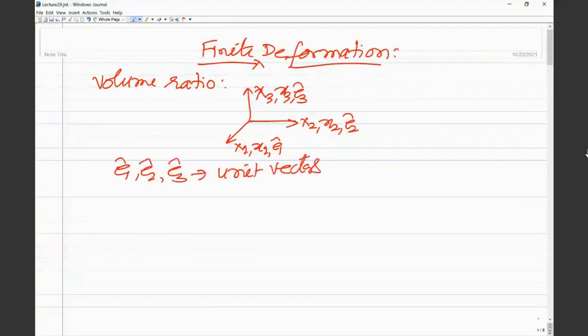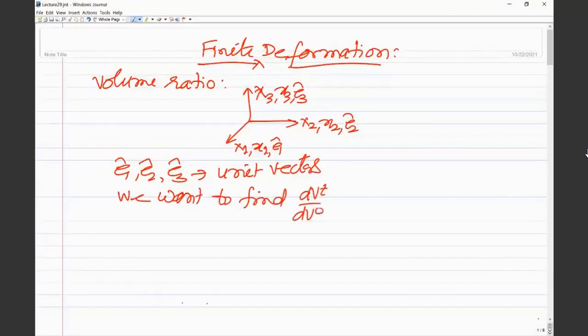Now what we want to do is find out this ratio dVt by dV naught. This ratio we want to find out.